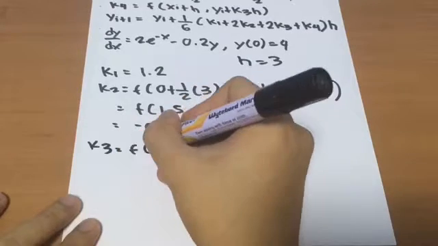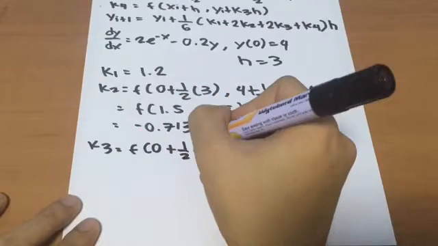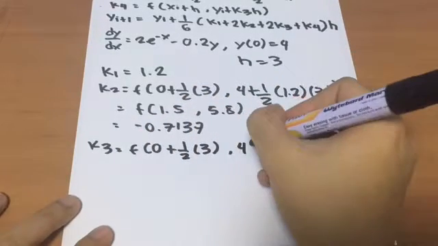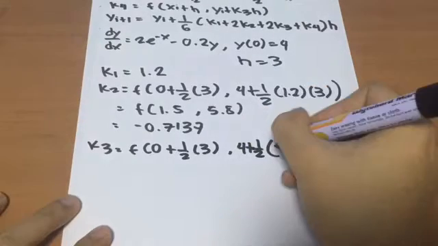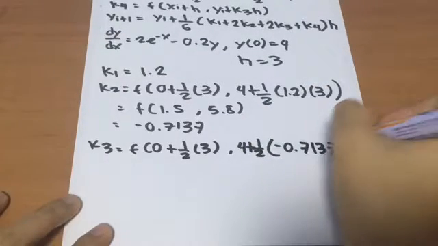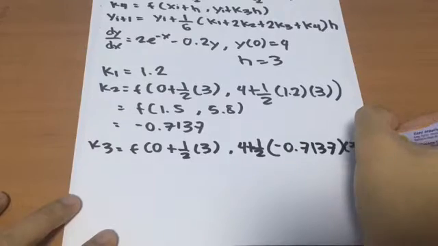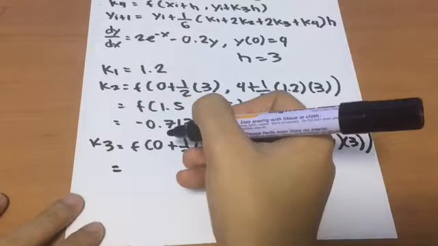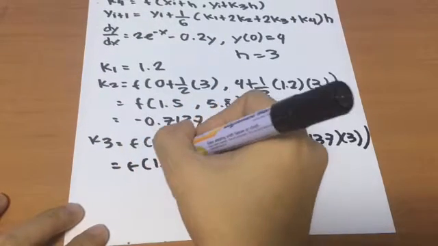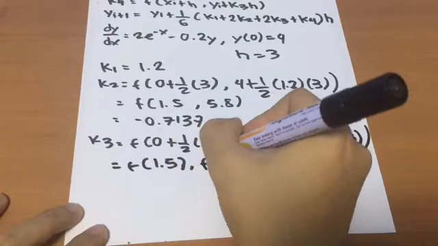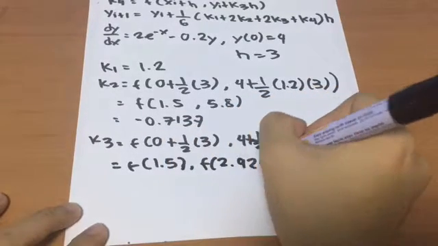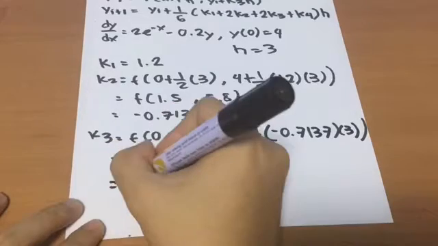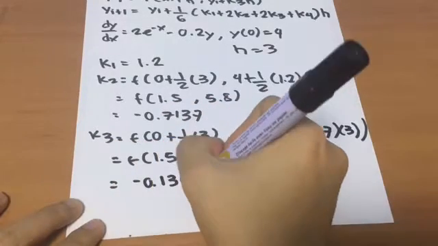So our k3 would be the function of 0 plus 1/2 times 3 and the 4 plus 1/2 times our k2 times our step size 3. And the answer for k3 would be the function of 1.5 and the function of 2.925. So we have negative value of 0.1396.